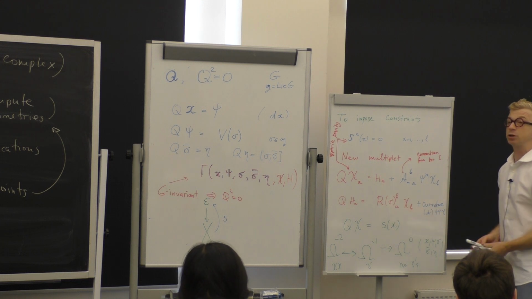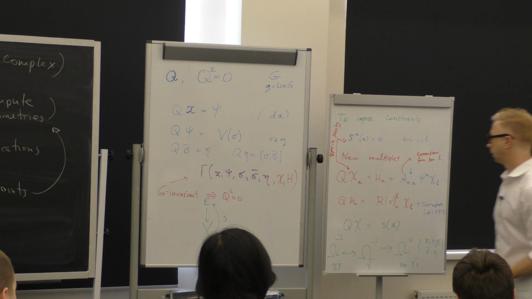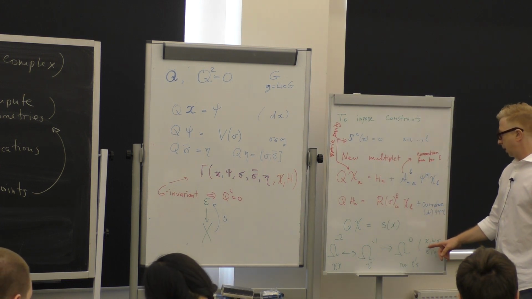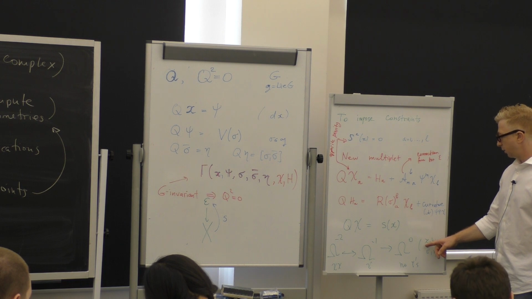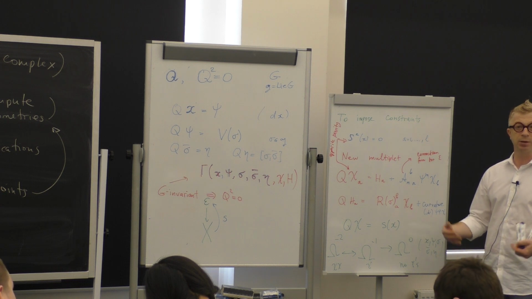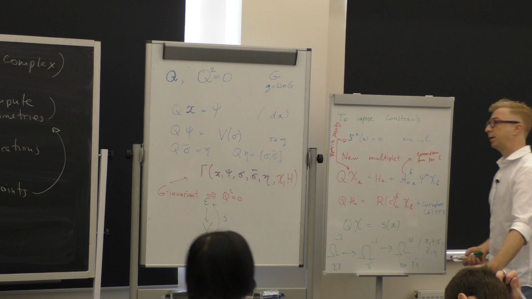It imposes the equations homologically. So now, if you like, the functions of x which are proportional to the equations will be q exact. And so we divide by them.